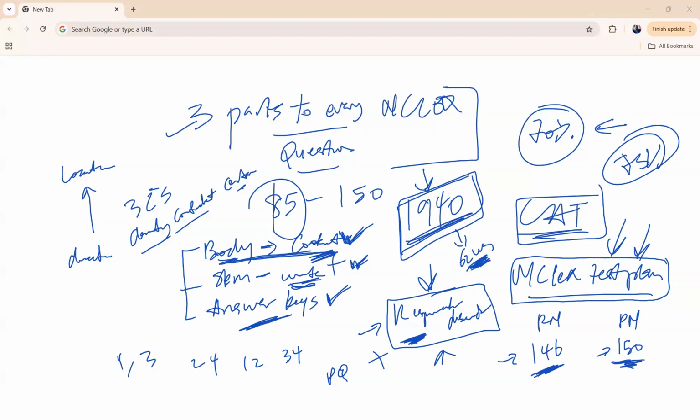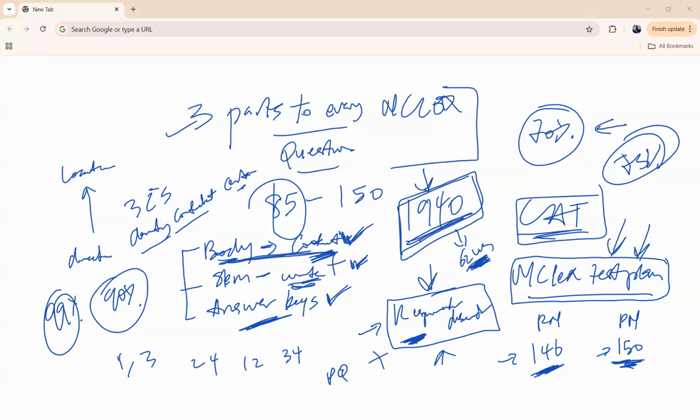And trust me, even if you are not 99% clear about it, you are going to be at least 90% clear about it. So there's no chance of you failing the NCLEX exam if you follow what?